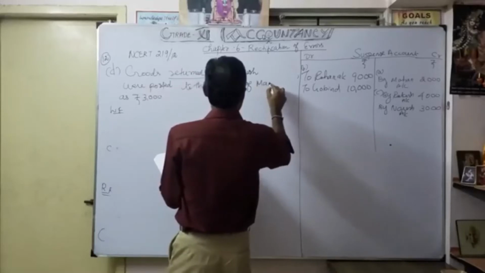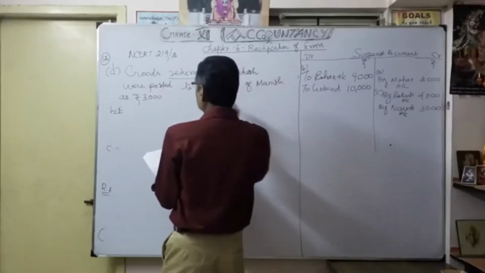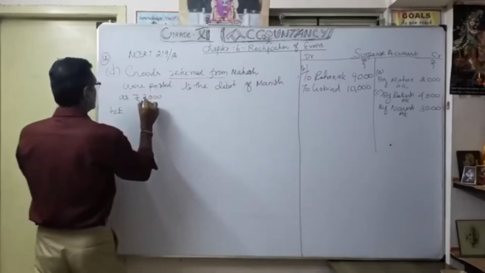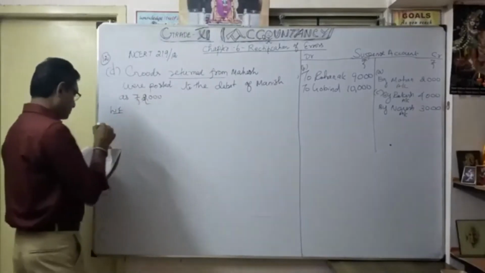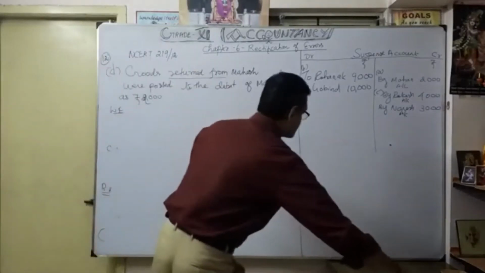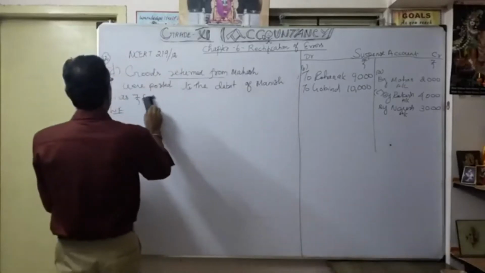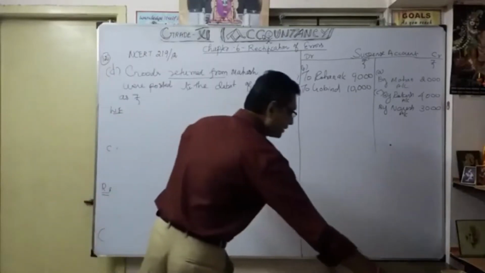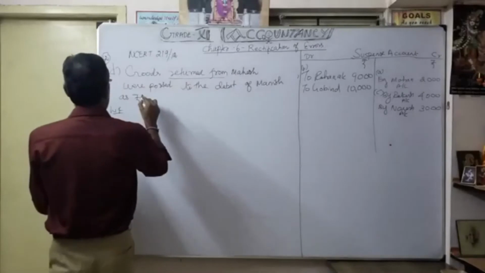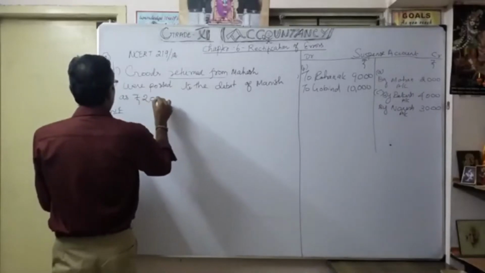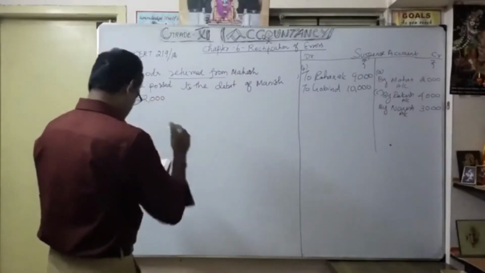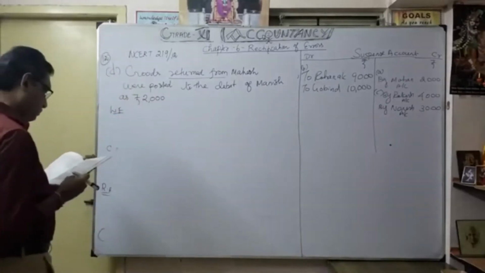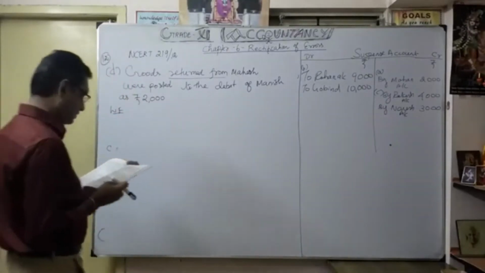Debit of Manish. Okay, so as how much? As 2,000, isn't it? 2,000. I entered clearly. So it is 2,000. So that's what the mistake they done it. So how to rectify this? Okay. So goods returned from Magesh were posted to the debit of Manish as 2,000.